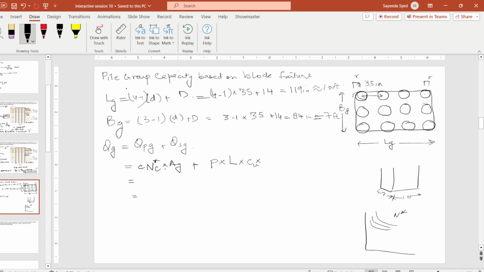So the NC star in this case will be equal to 8.75.